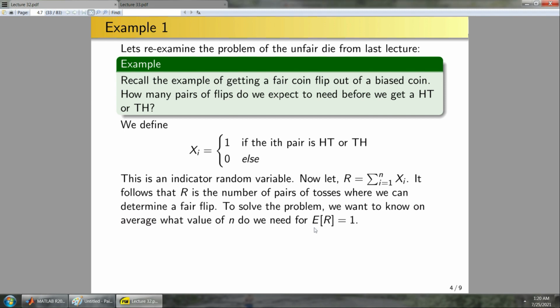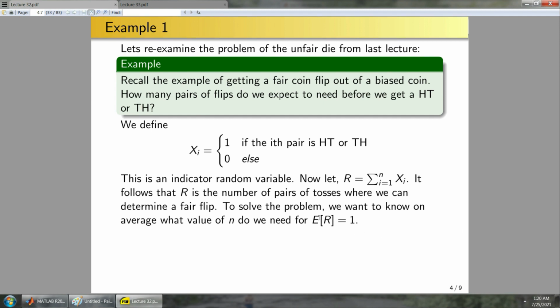So why is this the case? Well, again, R tells me the total number of pairs of flips that were either heads tails or tails heads. So if the expected value of R is equal to 1, then that means that the expected number of pairs of flips where I get a heads tails or a tails heads is equal to 1. So that tells me on average I have a flip that I can take to be my fair flip.